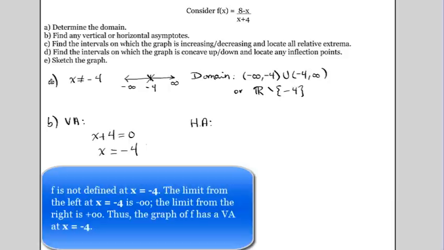Now for the horizontal asymptote, we need to look at the limit as x goes to positive infinity and the limit as x goes to negative infinity.